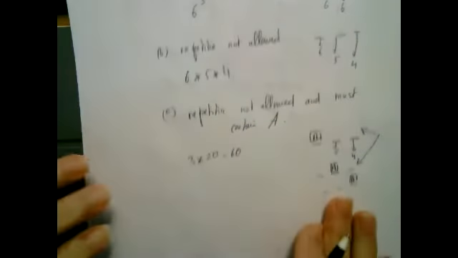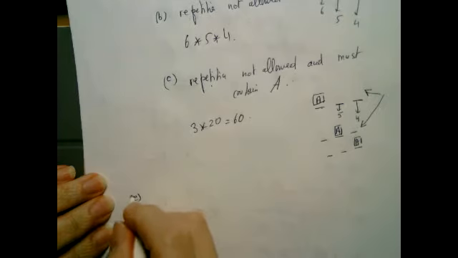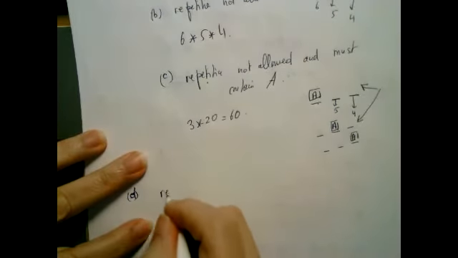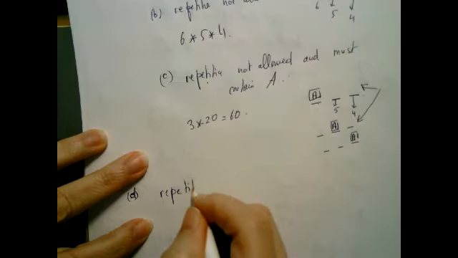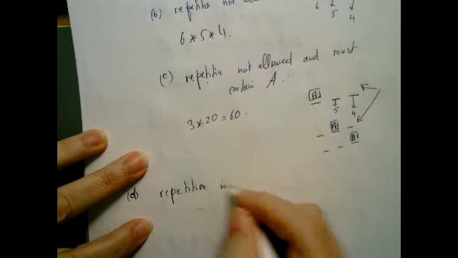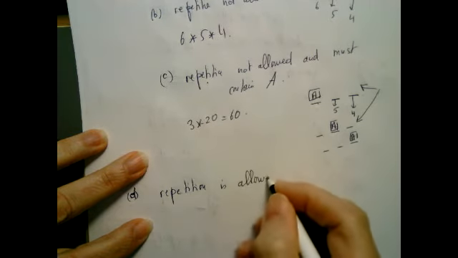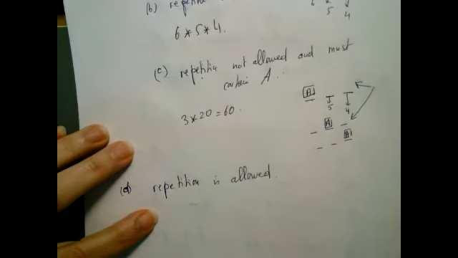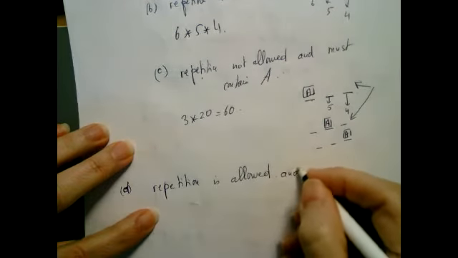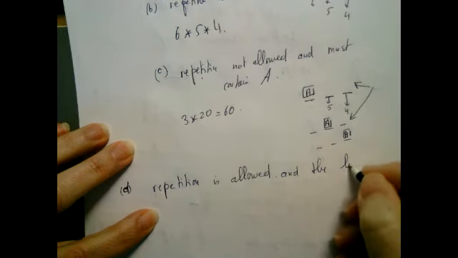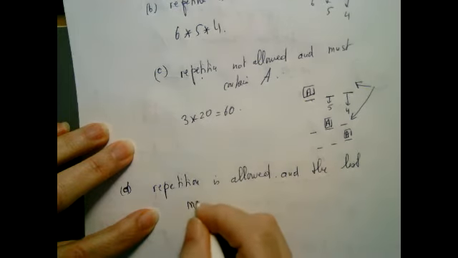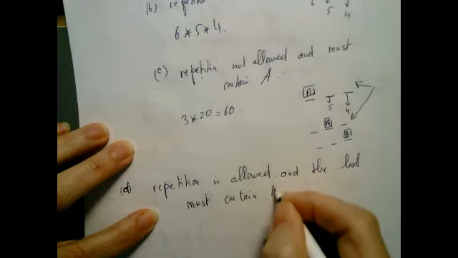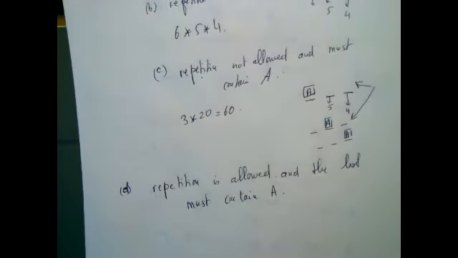Now, this next one is telling you repetition is allowed. We're allowing repetition, and the list must contain A. How many cases are there?